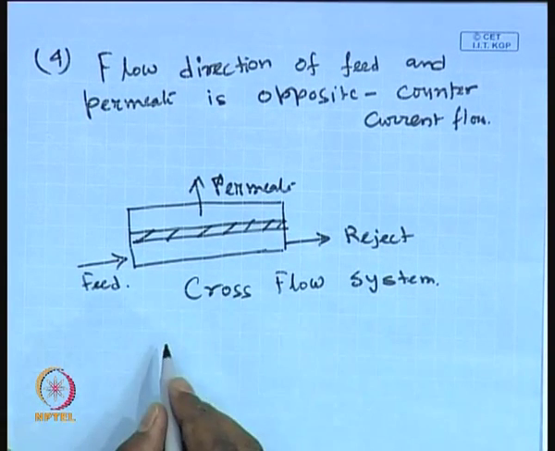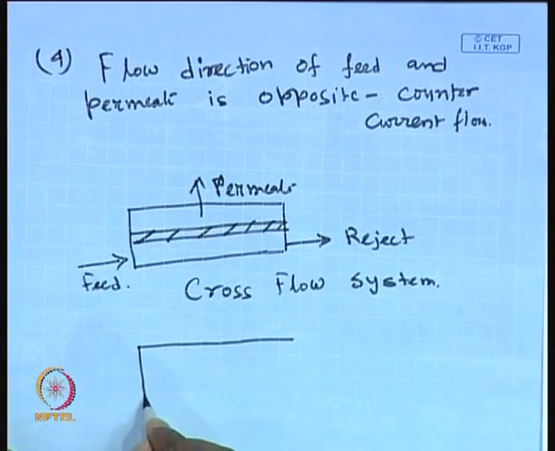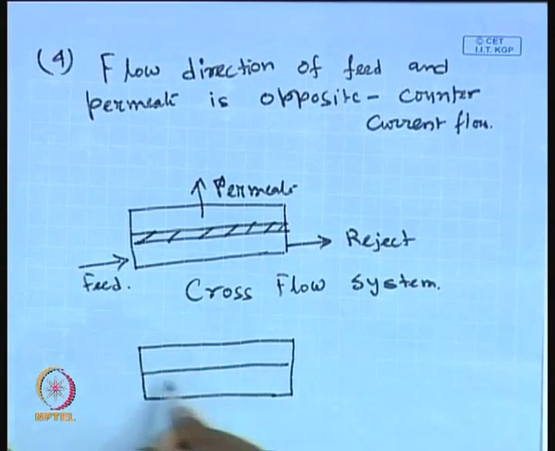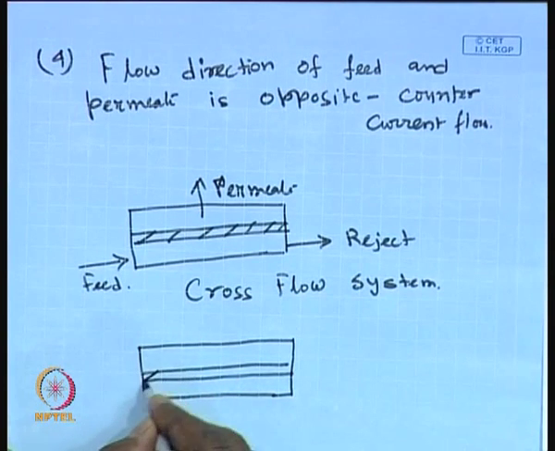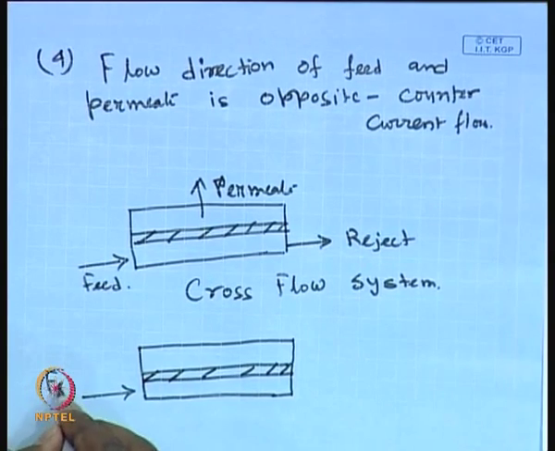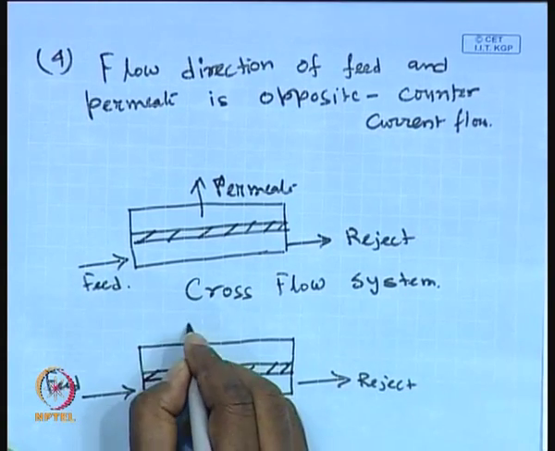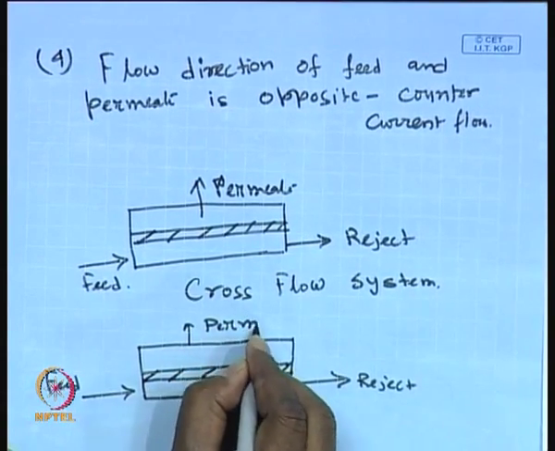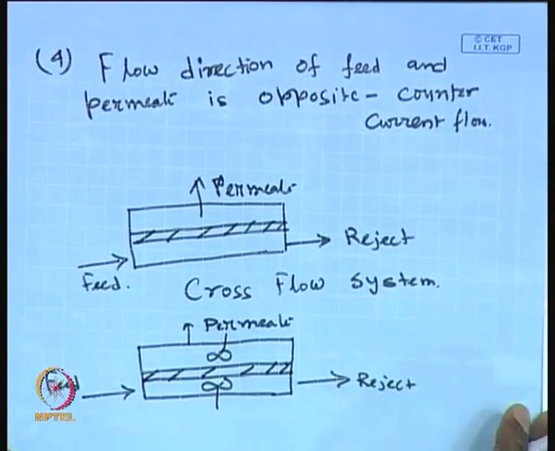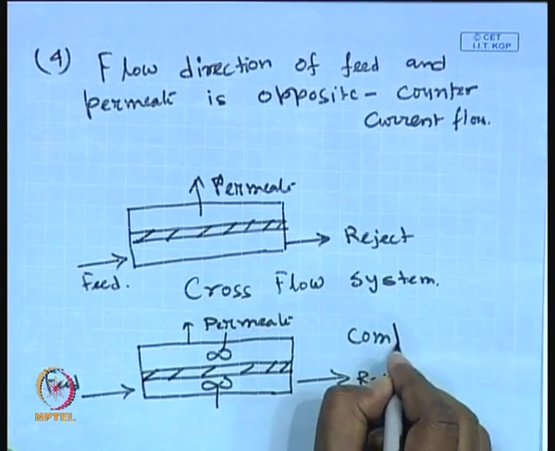On the other hand, if you have almost the same thing, but both the chambers are well stirred, then it is a completely mixed system. So, this is the feed, this is the reject, and we get permeate out of it, and both the chambers are well stirred. This configuration is known as the completely mixed configuration.